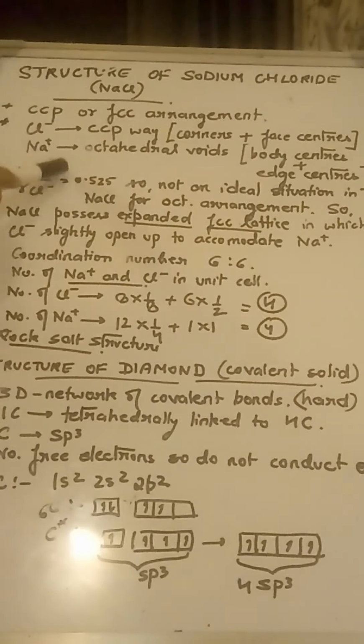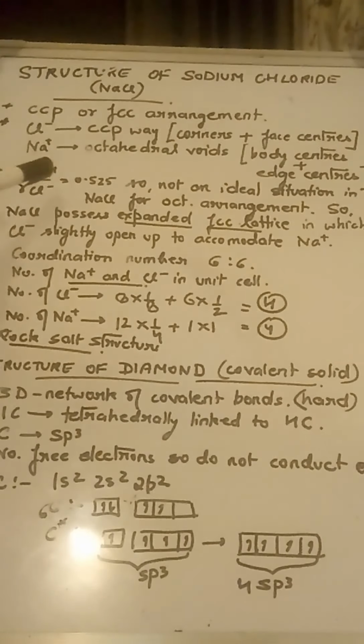Further, the radius ratio of sodium and chloride ions has been found to be 0.525. Now this is not an ideal situation for sodium ions to occupy octahedral voids. We already have studied that if the radius ratio of the positive and negative ion, that is the cation and anion, is 0.414, then the particular ion will occupy the octahedral void.